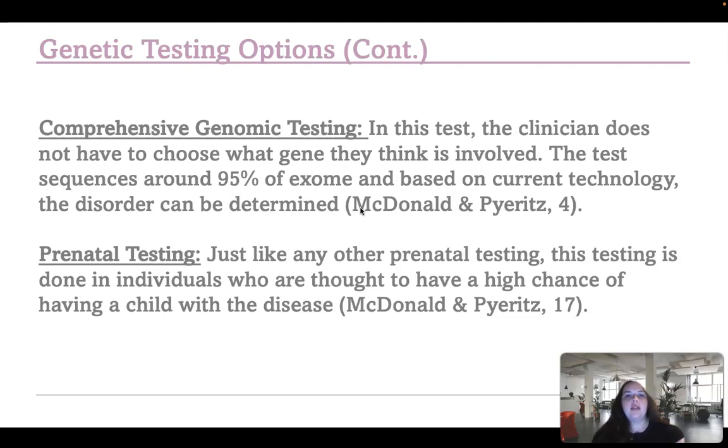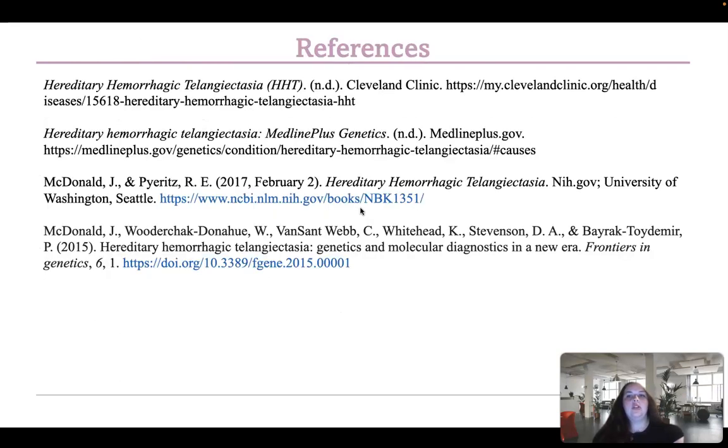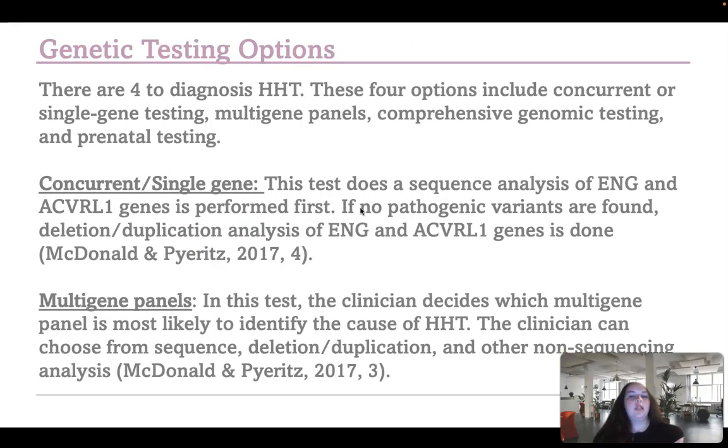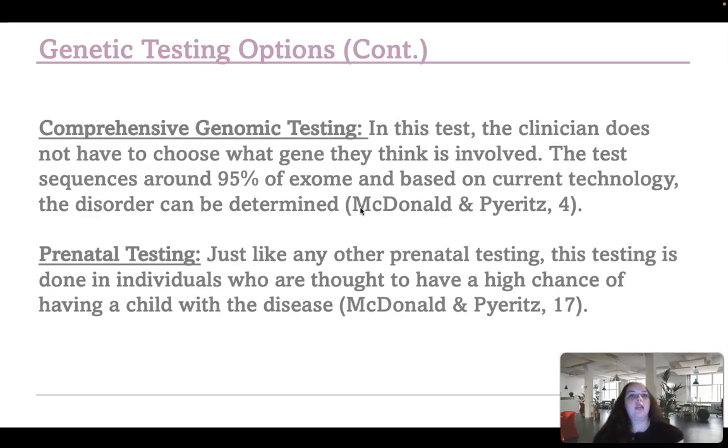The third type of testing is comprehensive genomic testing. This is very similar to the multi-gene panel, except the doctor doesn't have to choose which type of testing to pick. Comprehensive genomic testing covers 95% of the exome, so the majority of genetic diseases can be determined through this.